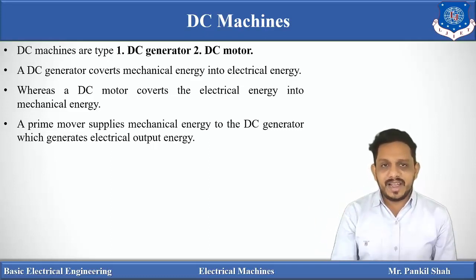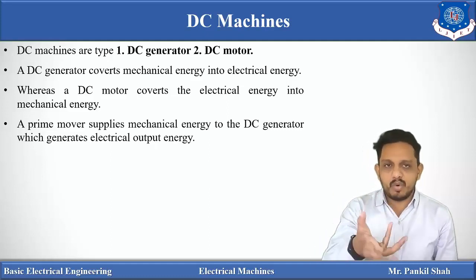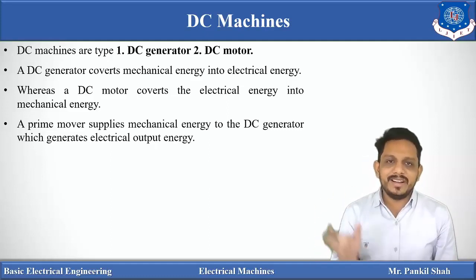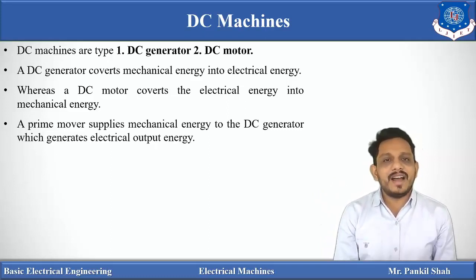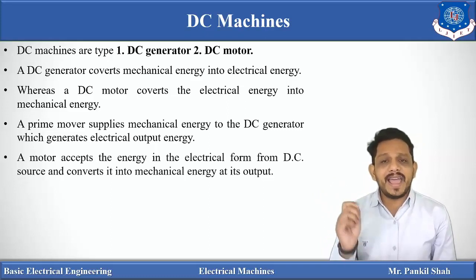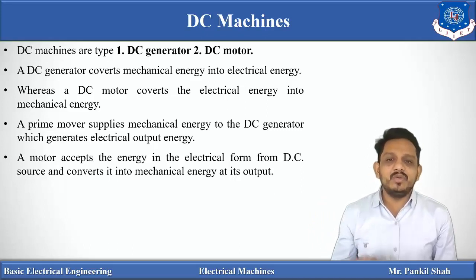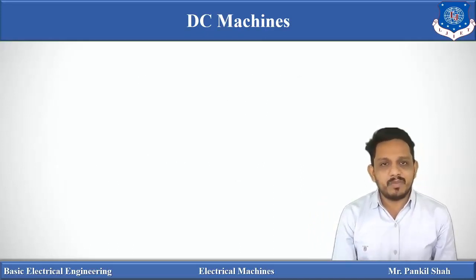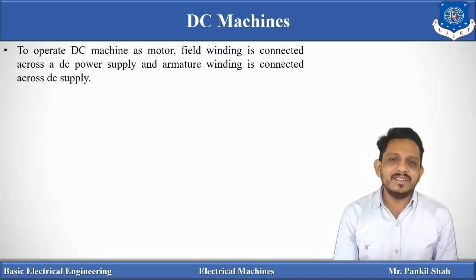So if there is any type of generator and you need a mechanical force on the rotor, then the prime mover will provide that force to the rotor, which generates the electrical output. A motor accepts energy in electrical form from the DC source and converts it into mechanical energy at its output. So this was the very basic difference between a motor and a generator.